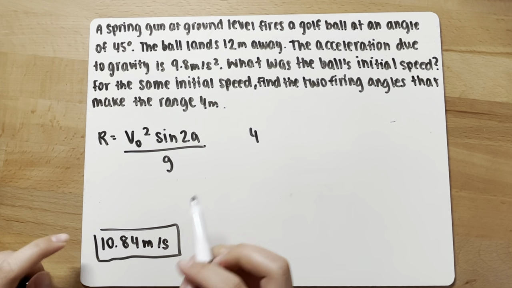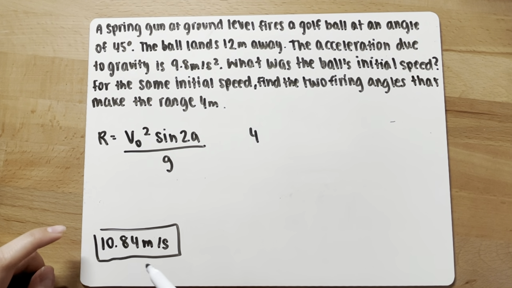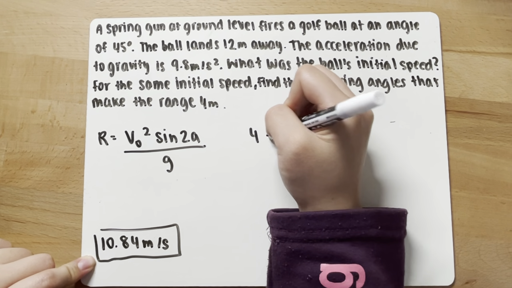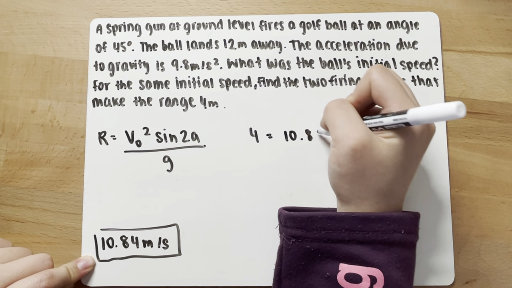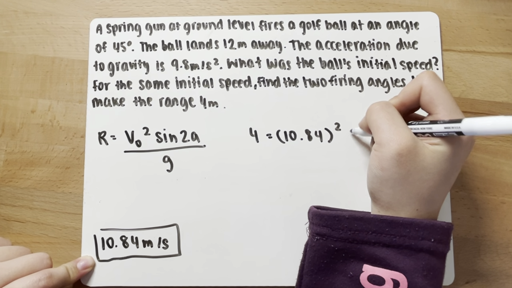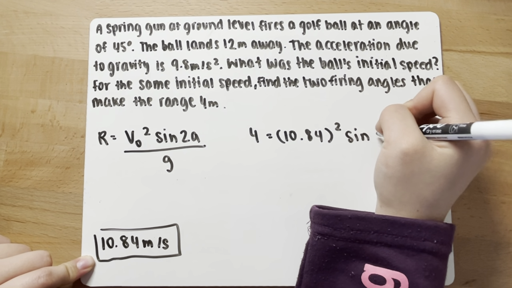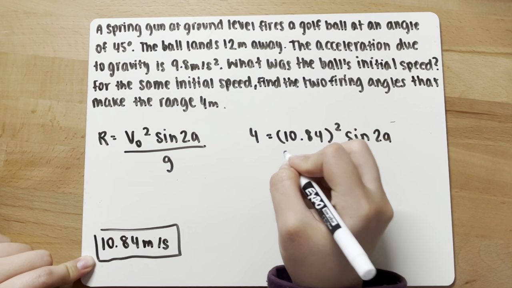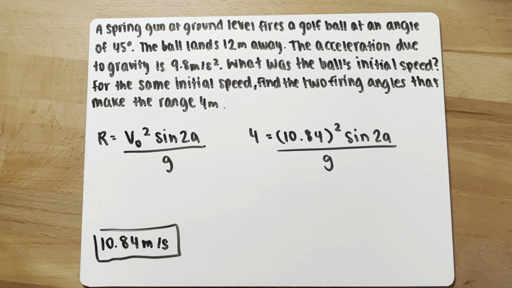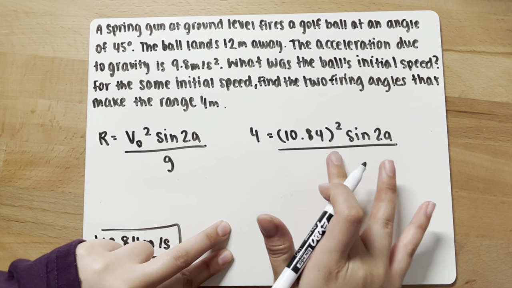And then we can use the initial speed that we got from the last problem, which is 10.84. So 4 equals 10.84 squared times sine 2a over g. This time we'll be finding the angle, therefore we will be finding sine 2a. Okay, so g we know is 9.8.